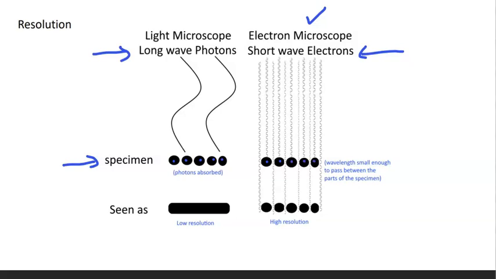But when using a light microscope, the wavelength of the light is unable to pass between the small gaps between the specimen, and so what we observe at low resolution, which means low detail, is this solid object. But because of the short wavelength of the electrons produced by the electron microscope, they can pass between these items. And this allows us to discern them as 5 distinct objects in our image.